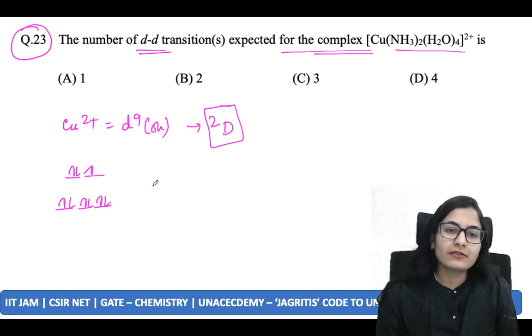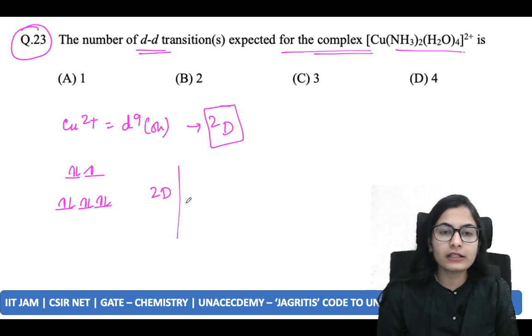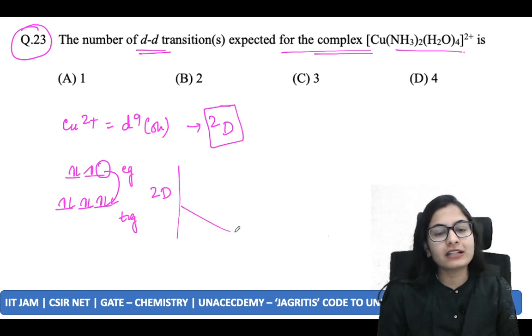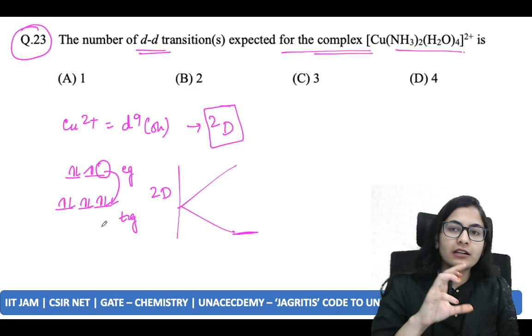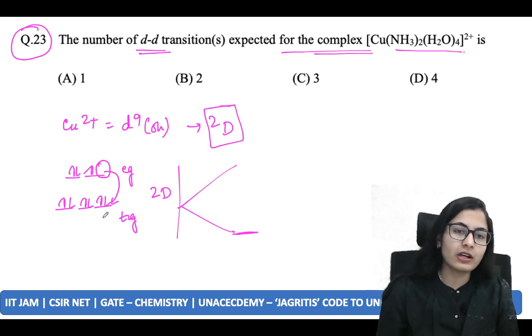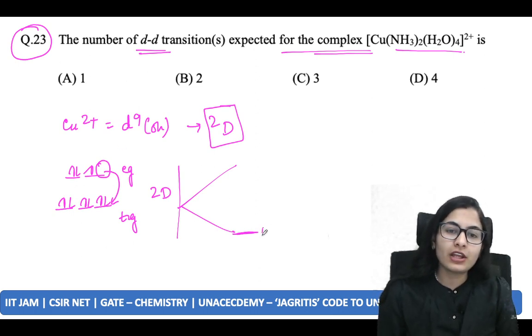Now what happens is, when you are drawing the Orgel diagram, you see that a hole is transferring from the eg level to the t2g level. Yes, we consider it like that. So we are not considering that the electron is transferring, we are considering to define the spectra that a hole is transferring from the eg level to the t2g level over here, right?